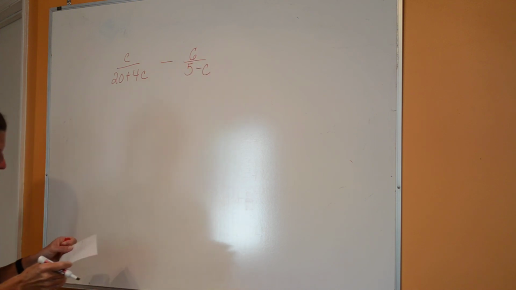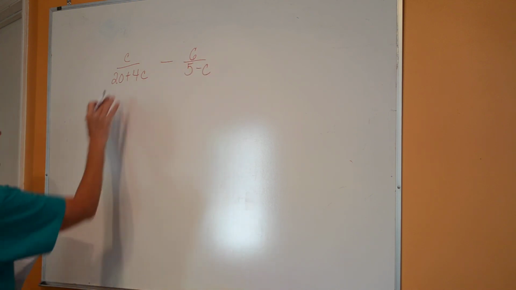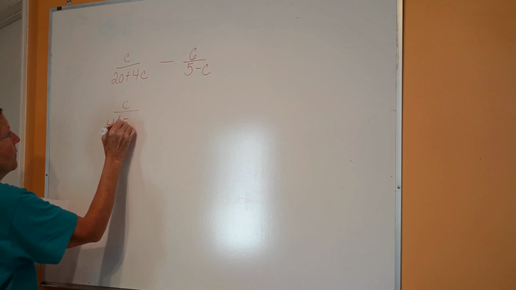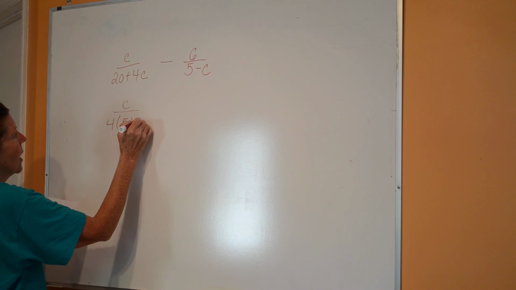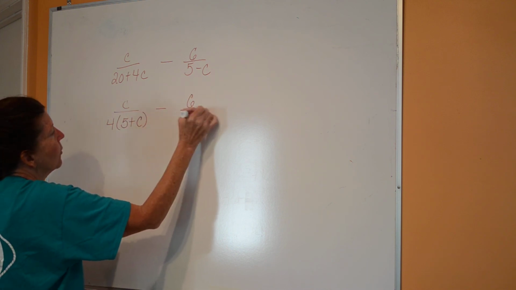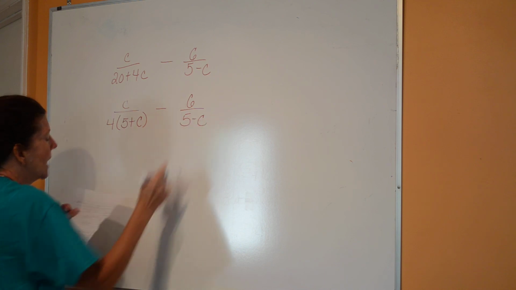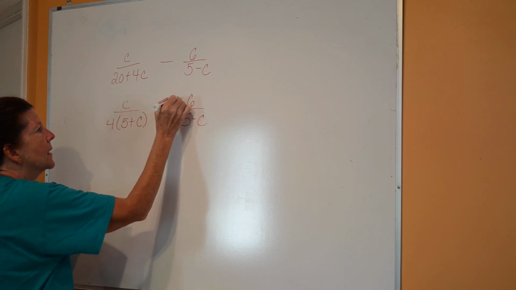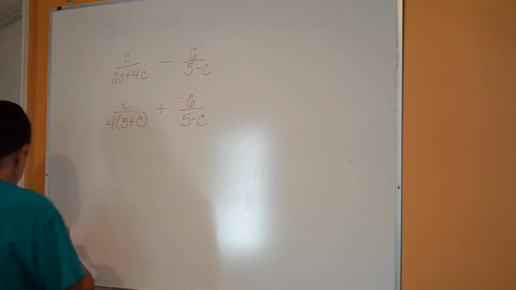All right, so I'm going to factor this. I can factor out the 4 right here, which leaves me with 5 plus c minus 6 over 5 minus c. Again, what I might do is go ahead and add the opposite, so that becomes a negative 6 right there.